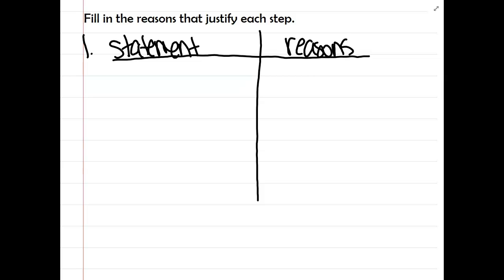Now remember, you always want to number them. So they're going to do this for you, but get in the habit here. So the first statement, they're not going to start with a given and then a prove, because this is an algebra problem. The first statement's going to be an equation: 2 times the quantity 5x plus 1 equals 42.